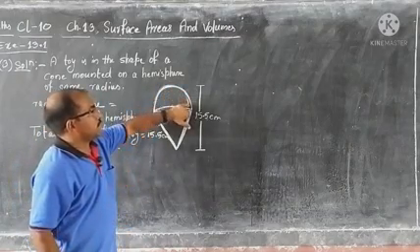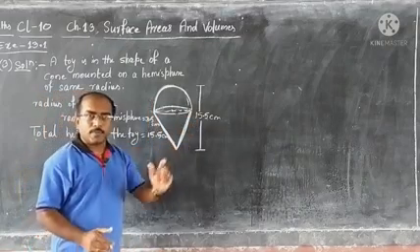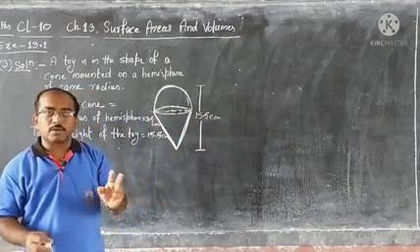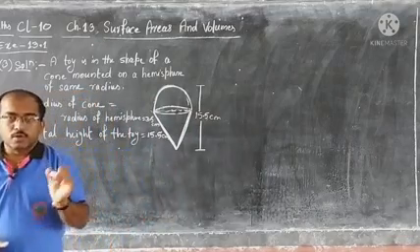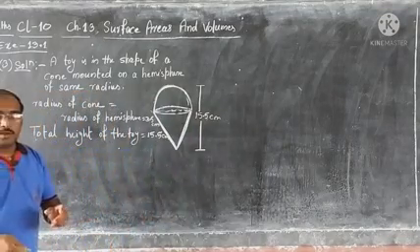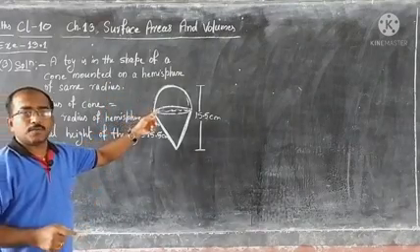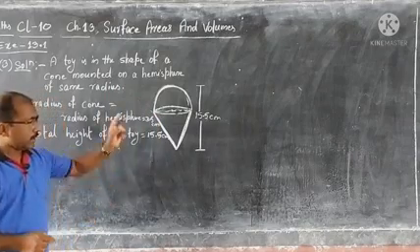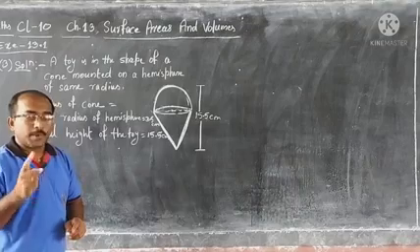So, we need the curved surface area of hemisphere and the curved surface area of cone, and add them together to get the total surface area of the toy. Curved surface area of hemisphere is 2 pi r square, curved surface area of cone is pi r l.